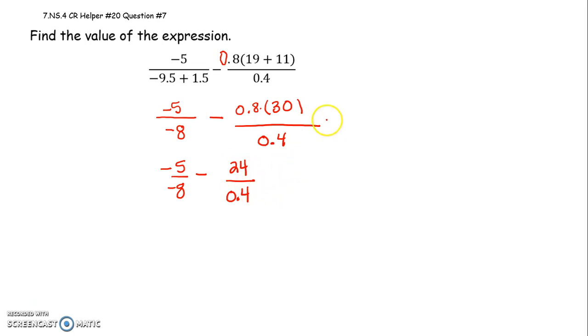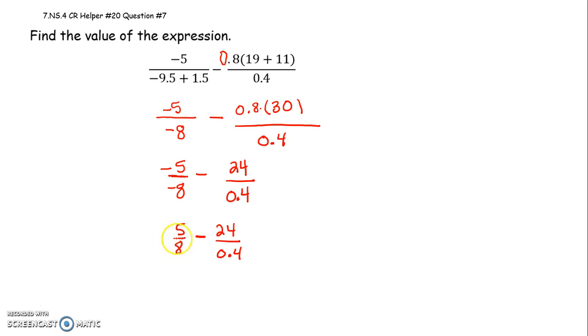So although I'm using my calculator, I'm showing every step of what I'm doing here. Now I'm going to take -5 over -8. A negative divided by a negative is a positive, so that's a positive 5/8. I'm going to keep my minus sign, and for the moment I'm going to keep my 24 over 0.4.